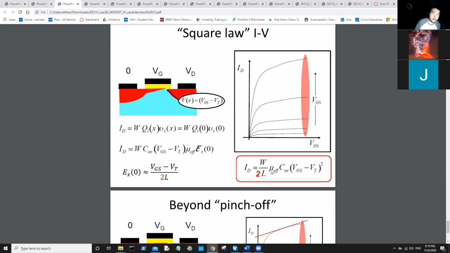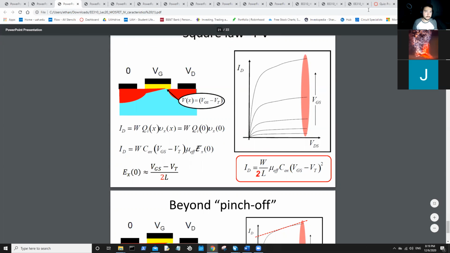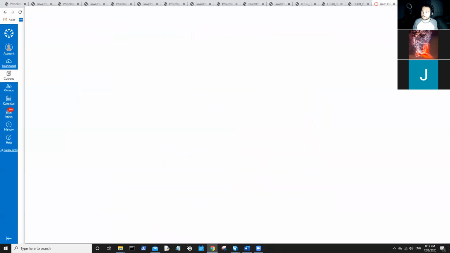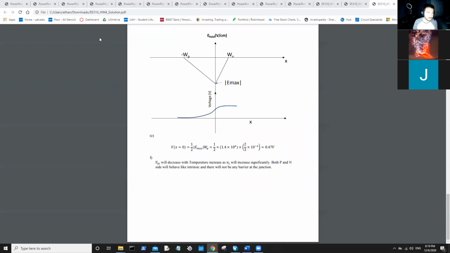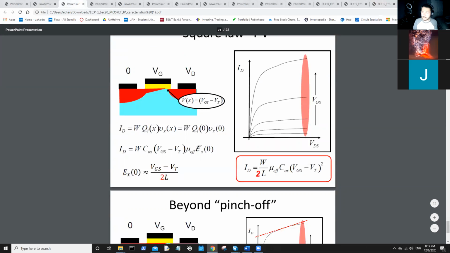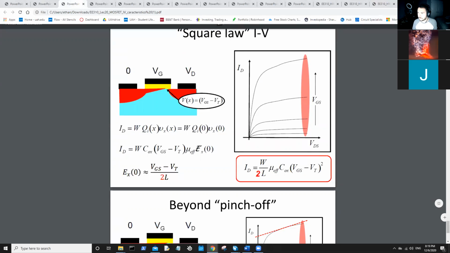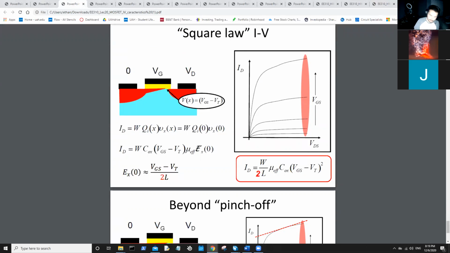So our current is equal to, I'm going to move the quiz over to the other side so I can still see. So the numbers we're working with here, we need a couple things. W was equal to 1 micrometer.